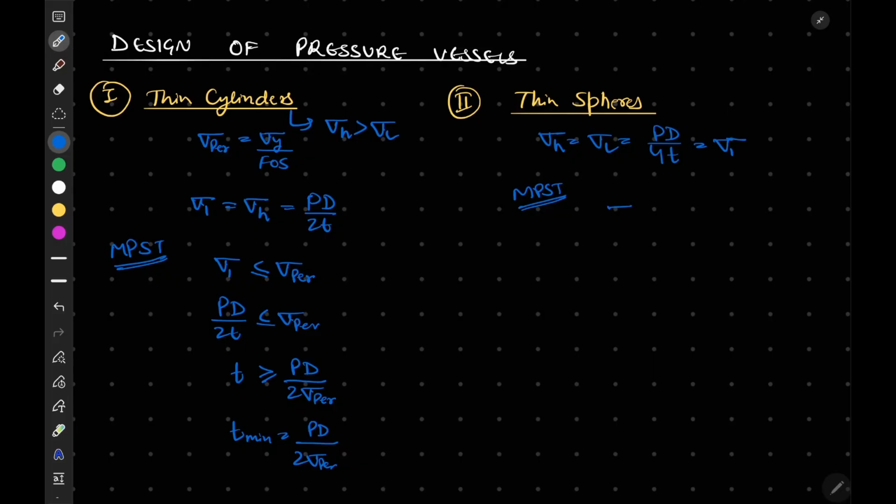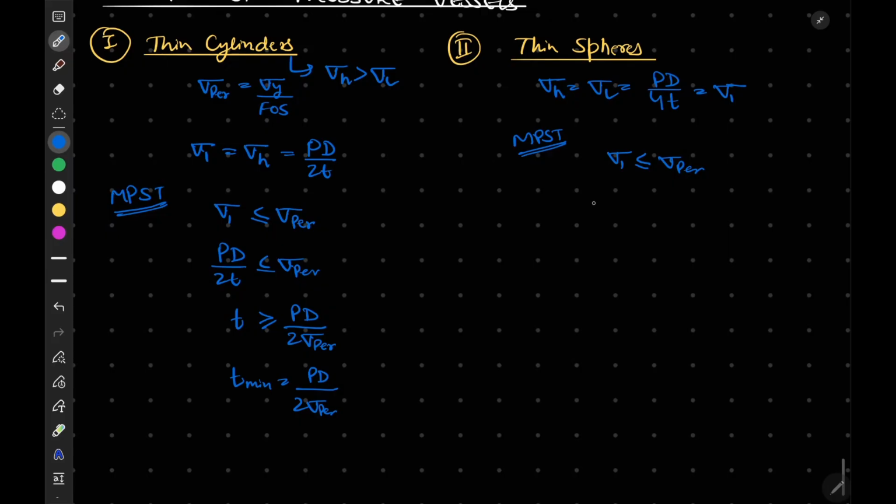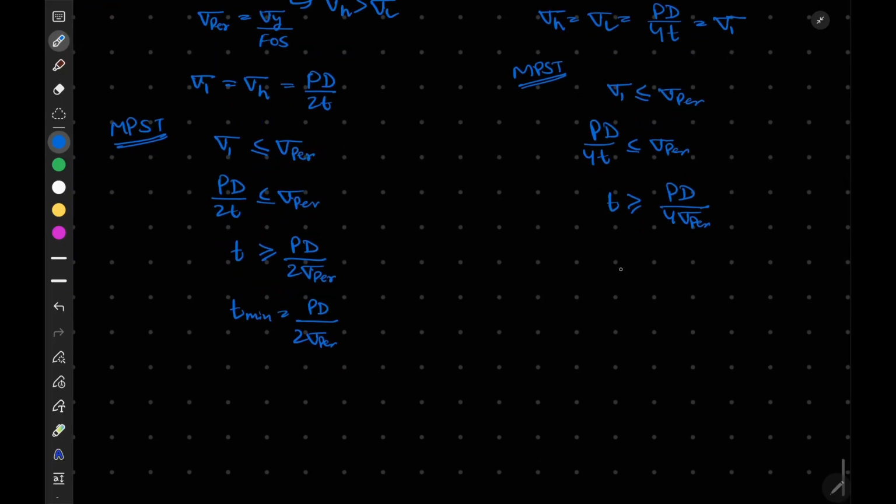Sigma 1 must be less than or equal to sigma permissible, so PD by 4T must be less than or equal to sigma permissible. So T must be greater than or equal to PD by 4 times sigma permissible, and T minimum is equal to PD by 4 sigma permissible. We can see from here that the thickness for spherical vessels is half that of cylindrical vessels.